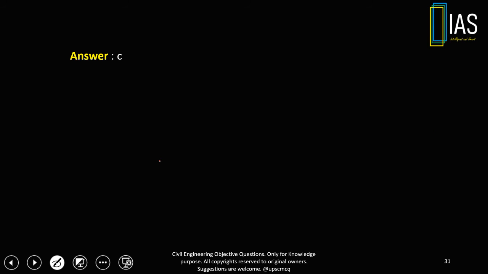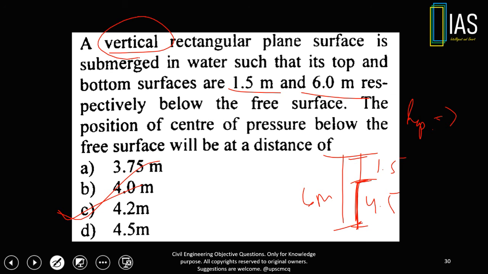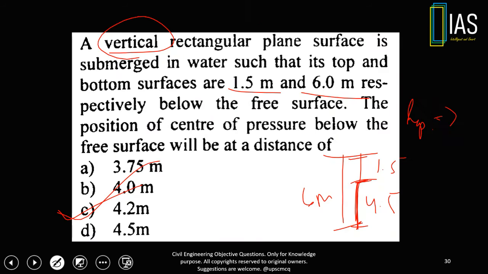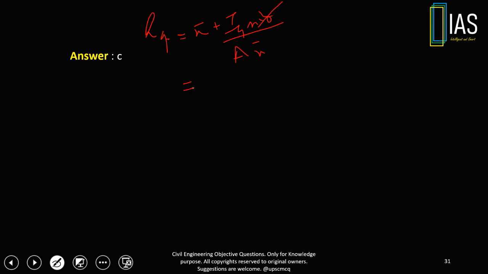If you want me to explain it, let's do it. HCP is equal to x bar plus IG sine square theta upon A into x bar. Let us assume theta as 90, since it is vertical. Therefore x bar from top is 1.5 plus 2.25, that is 3.75.